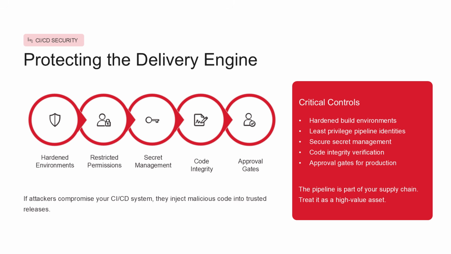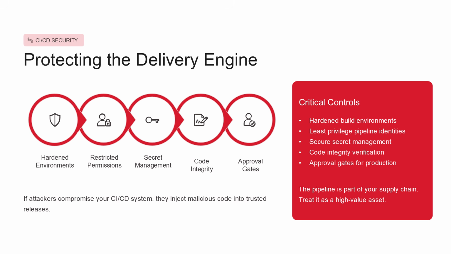Therefore, you must architect security into pipelines. CI/CD security controls should include hardened build environments, restricted runner permissions, least privilege access for pipeline identities, secure secret management, code integrity verification, approval gates for production releases.